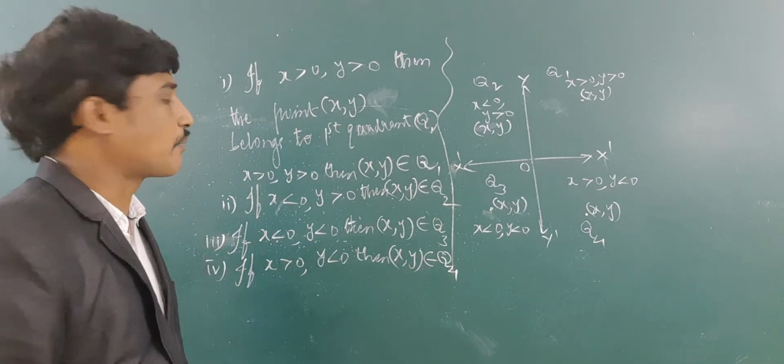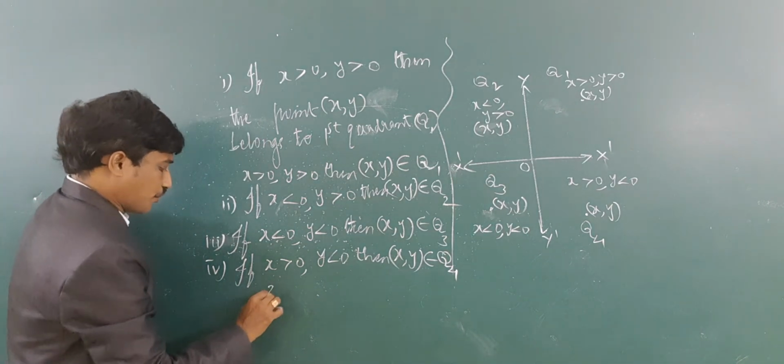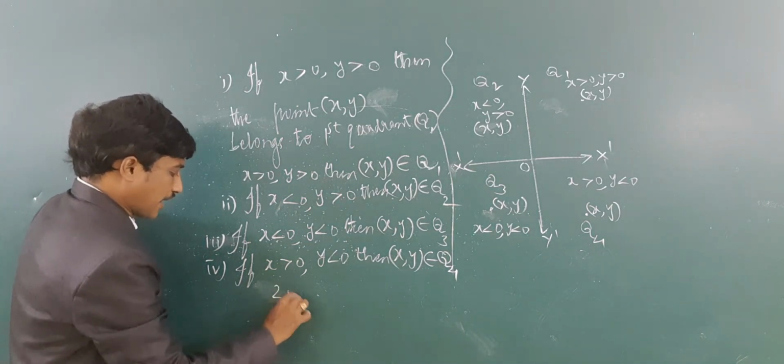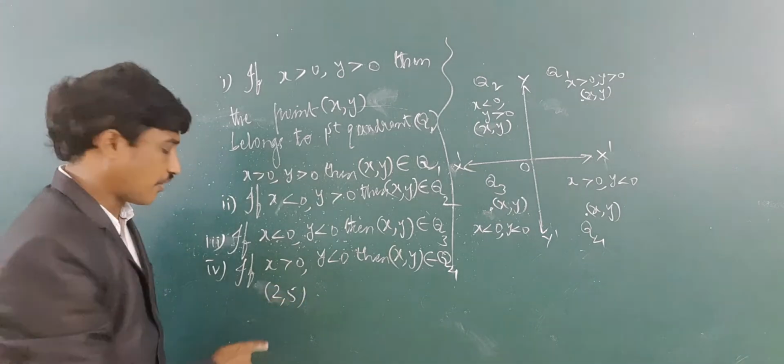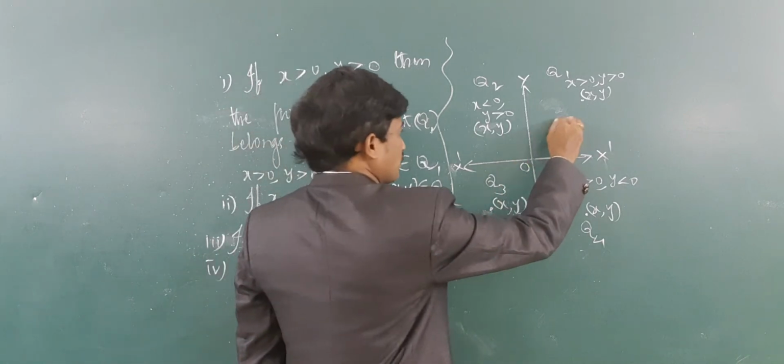From this we can come to know that (2, 5), both with positive signs, belongs to Q1.